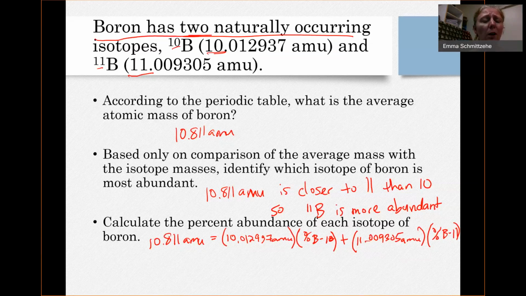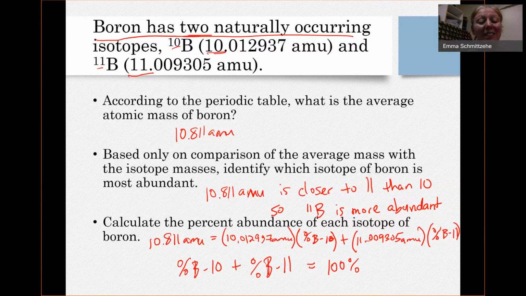If you have a sample of boron, it's only boron 10 and boron 11. So really the percent of boron 10 plus the percent of boron 11 should sum to 100%, or in the mathematical way, it would sum to 1, because you're plugging in decimal forms of these things. So 100% is the same as the number 1.